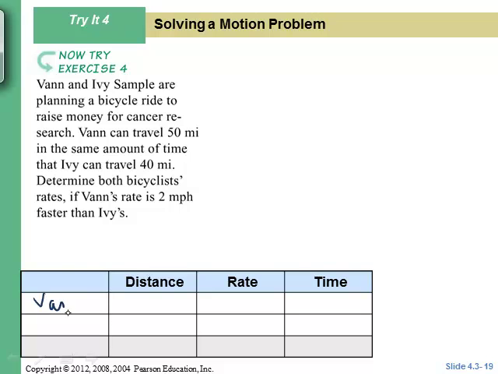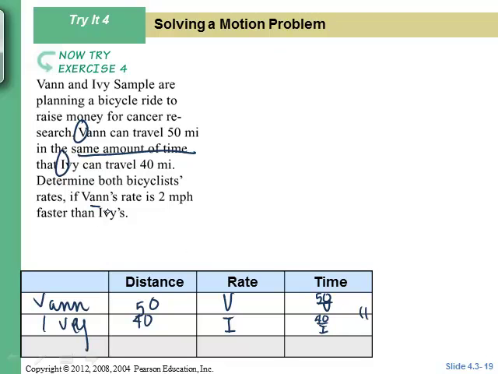We have van and IV. So let's use V for van's speed and I for IV's speed. 50 and 40. V, I. So the time is 50 divided by V and 40 divided by I, and the times are the same amount of time.